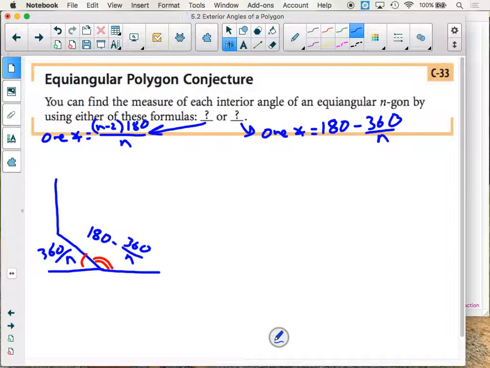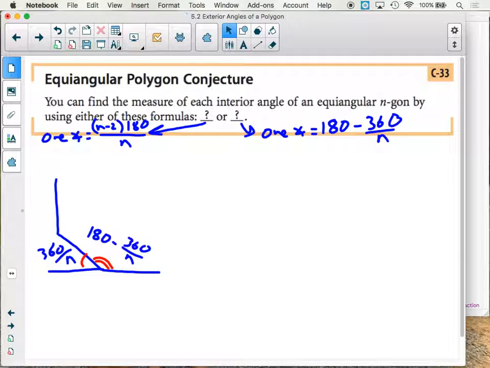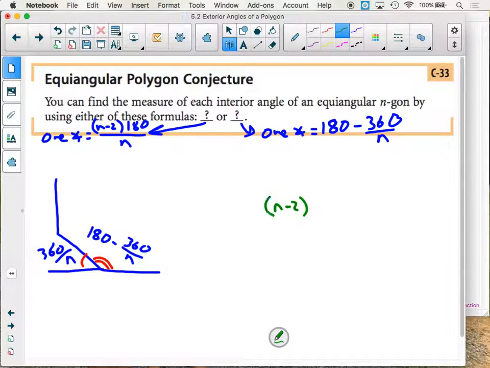Now you might be saying to yourself, are these two equivalent? A little bit of algebra shows that they are. I'm going to start with my one over here, n minus 2 times 180 divided by n. First, I'm going to distribute. And I'll get 180n minus 360 all over n.